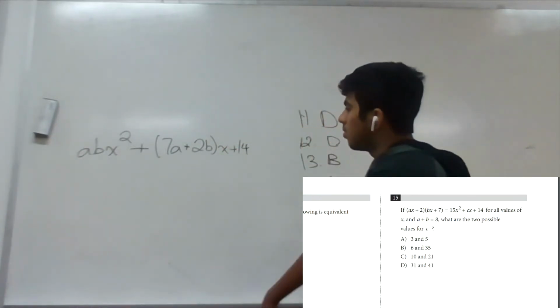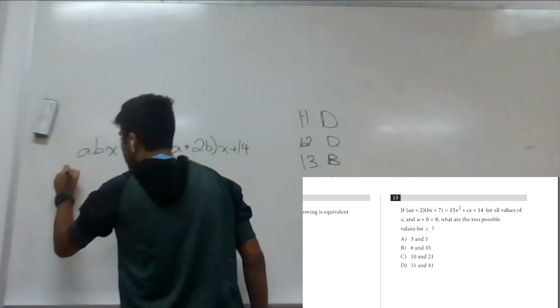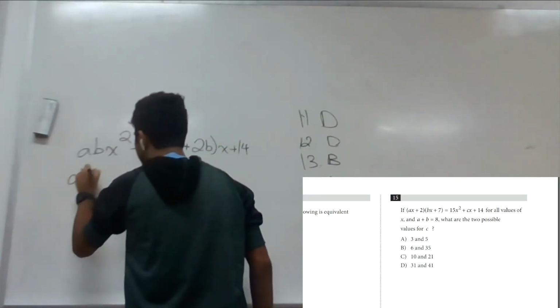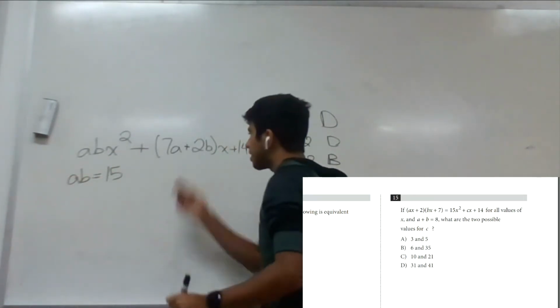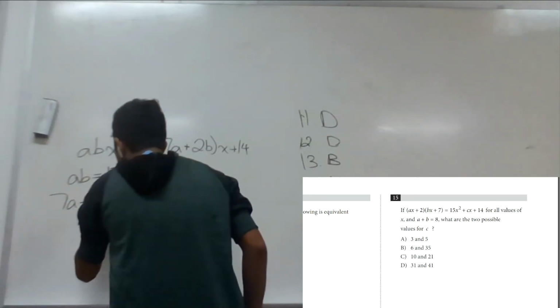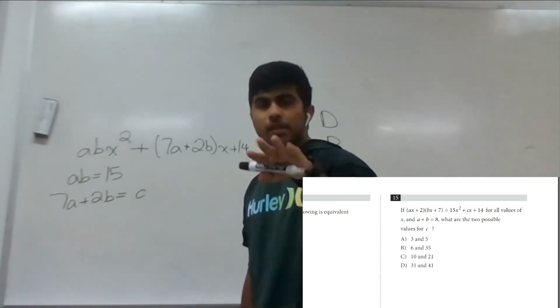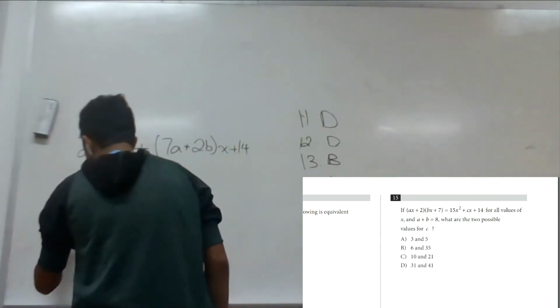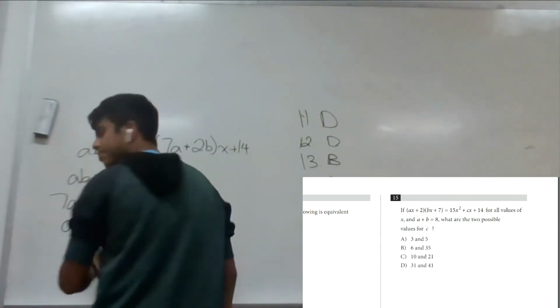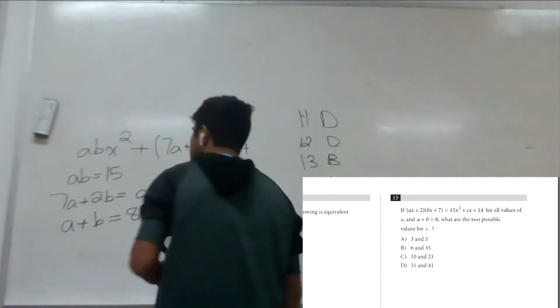So what do I get? I get that ab equals 15, and I get that 7a plus 2b equals c. And then they're telling me that a plus b is 8.